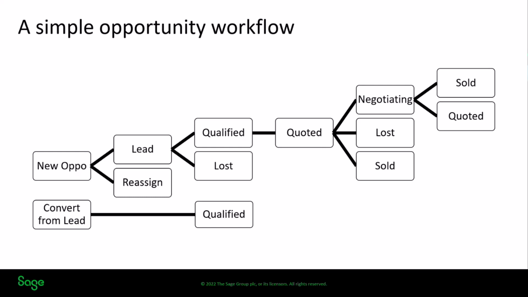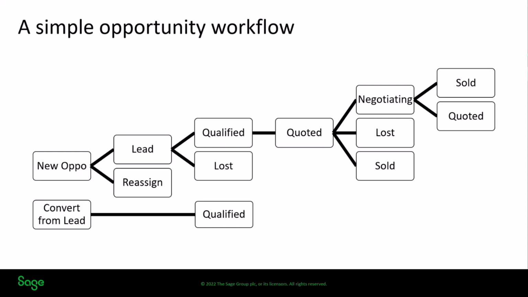But because of the limitations of the design, you don't see the loop, you just see the idea that the state is repeated, and that indicates that if you arrive at a state, you're basically back at that point. So if I mark here where we end up, say, quoted at this point, well, it's actually back here at this point, and so we would have negotiating, lost and sold, even if we ended it back at quoted.